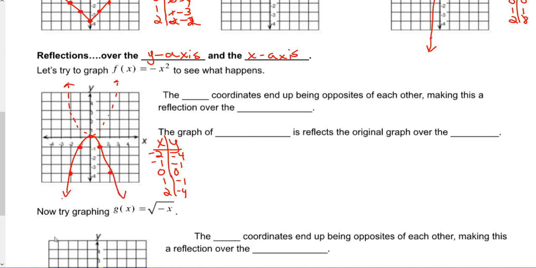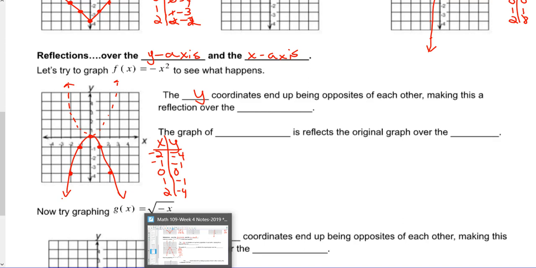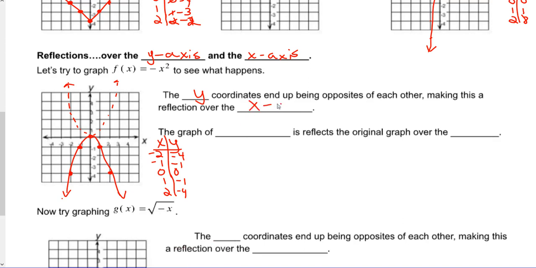Okay? So, what we have here, if I have a negative out front, what we've just done is reflected this graph over the x-axis, okay? So the y-coordinates end up being opposites of each other, making this a reflection over the x-axis.